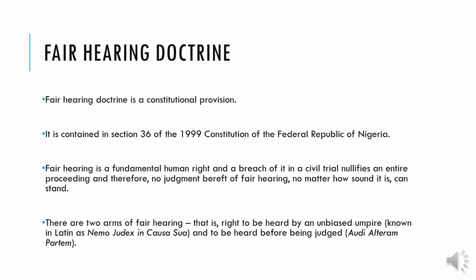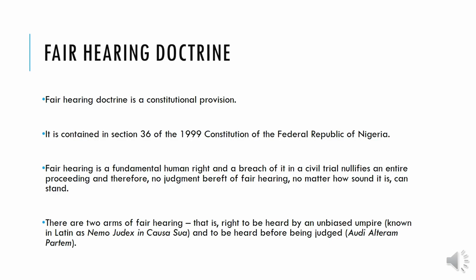Then the last part of this presentation is the fair hearing doctrine. So what do you mean by fair hearing? Fair hearing is a constitutional provision found in section 36 of the 1999 Constitution. It has been in the Nigerian Constitution as far back as either 1960 or 1963.